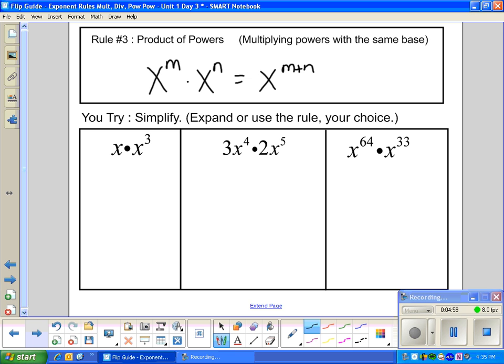This is a product, because I'm multiplying, of powers. Right. Now use that shortcut and see if you can simplify these next three. Pause me and come back when you're done.